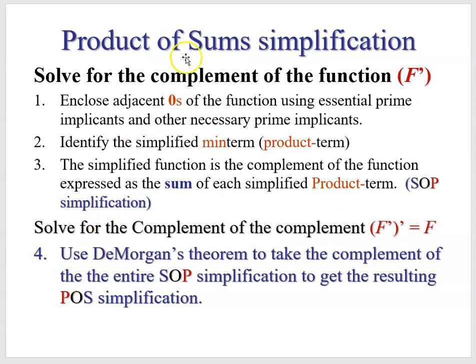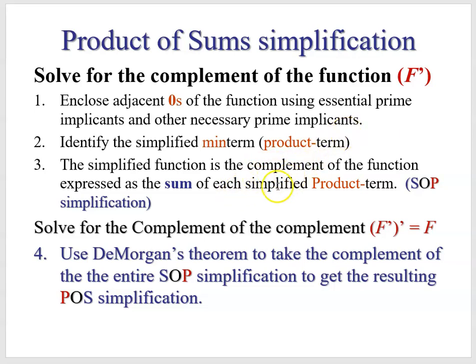An alternative method for the product of sum simplification is to solve for the complement of the function, or F prime. So we still enclose adjacent zeros of the function using our essential prime implicants and other necessary prime implicants, but we identify the simplified min term or product term, which we might be more used to. And then the simplified function is the complement of the function that we're looking for.